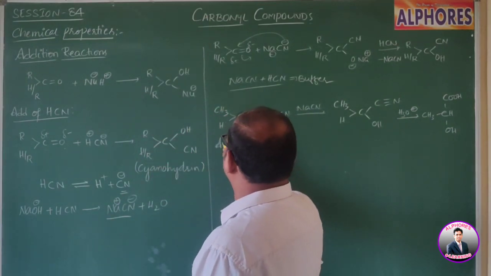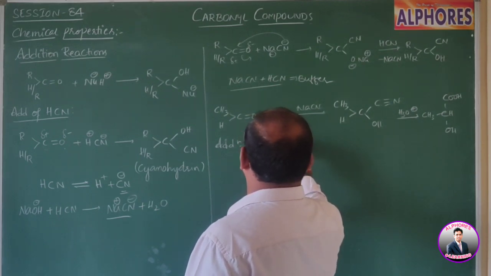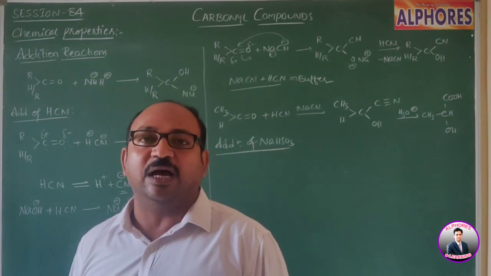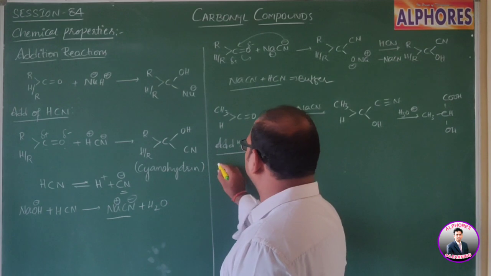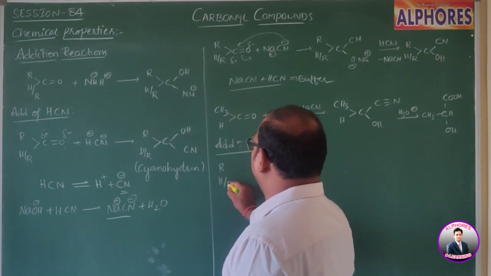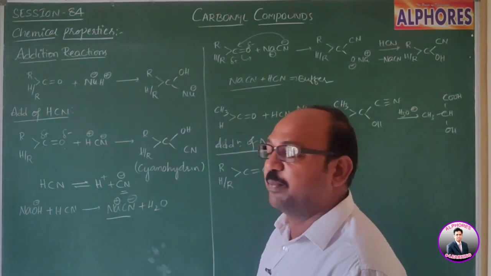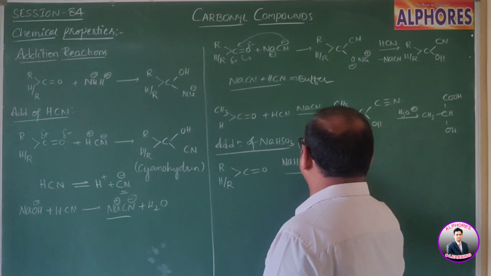Next one is addition of NaHSO3, sodium hydrogen sulfite or sodium bisulfite, to C double bond O with R and R. This one upon reaction with NaHSO3.